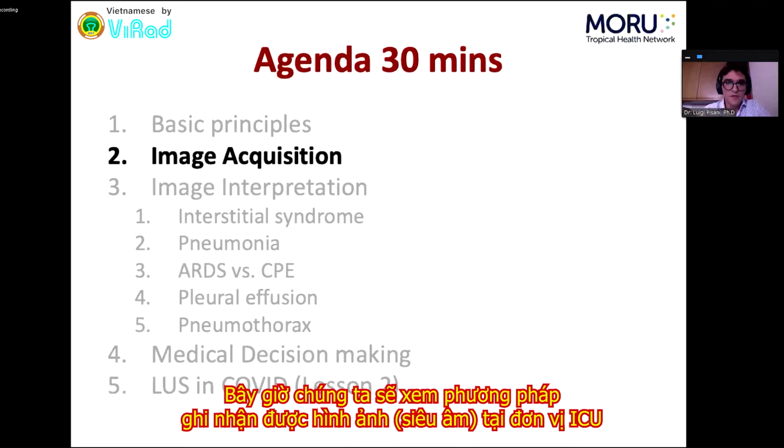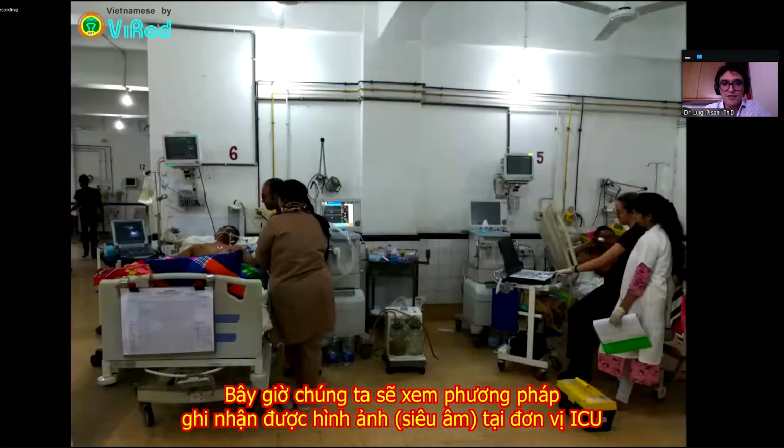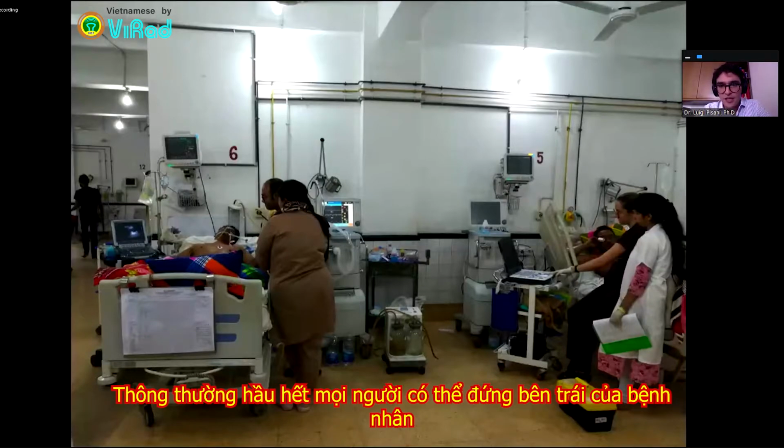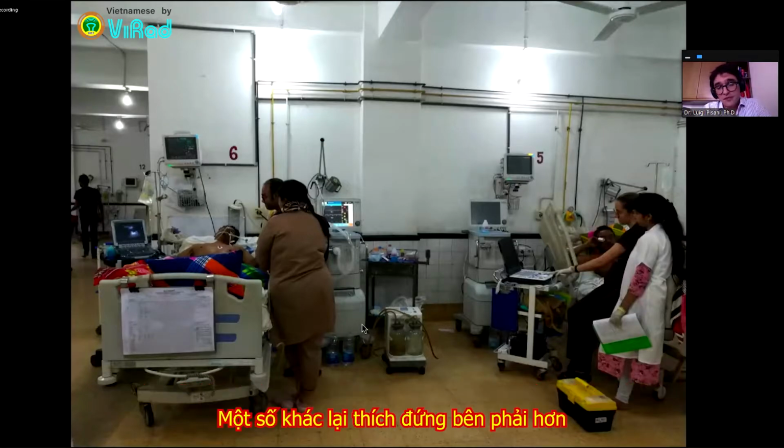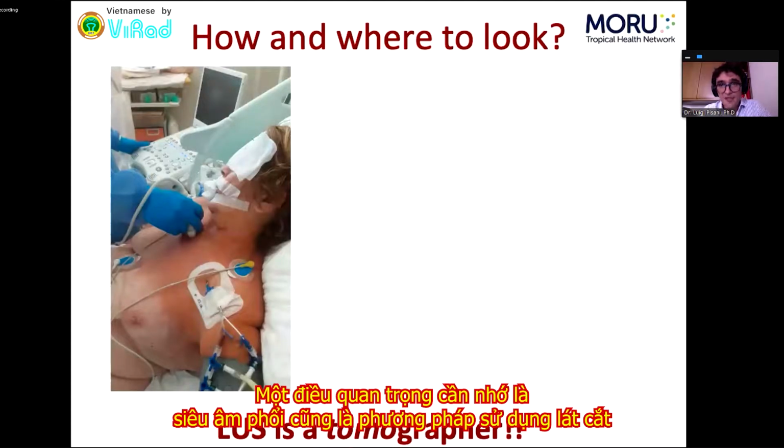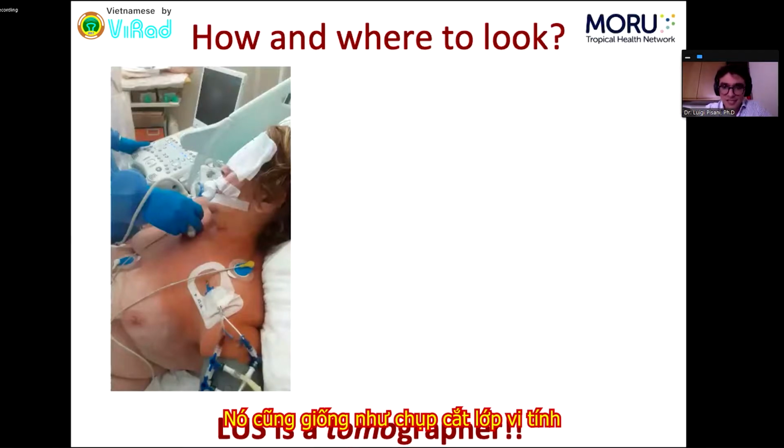Okay, so let's go to how to acquire the image in our ICU. You can usually stand on the left side of the patient, but some other people prefer to stand on the right. A very important concept is that lung ultrasound is a tomographic tool, just like computer tomography.